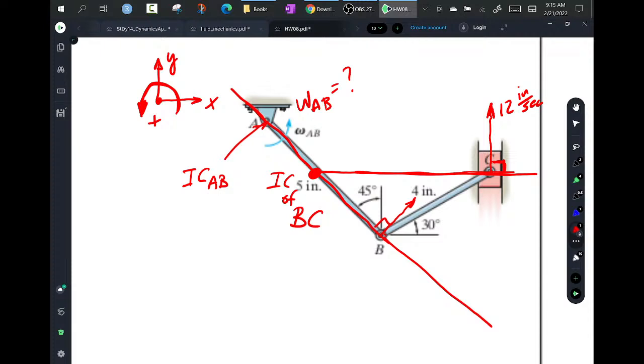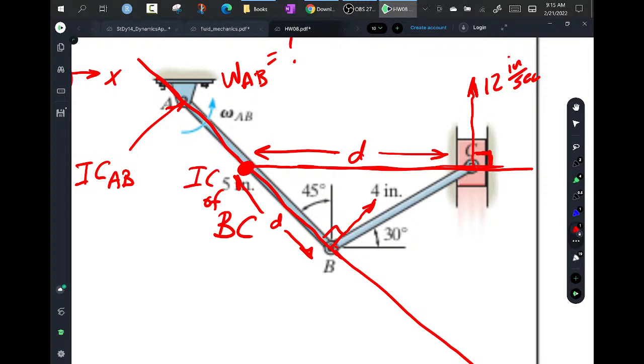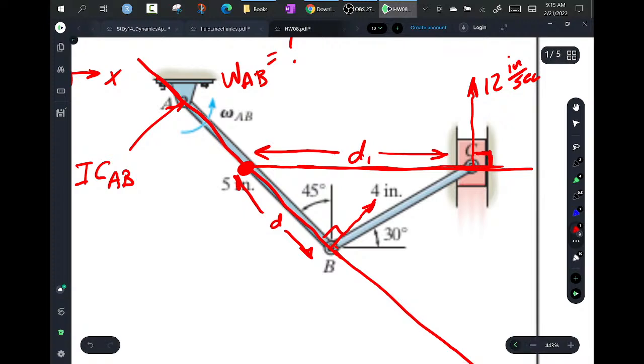So now we just got to find this distance and this distance. We can use our instant centers to figure things out. So what we'll do is I'll zoom in close enough so I can start using some of the information here to find these two distances. I guess I'll label this one D1 and D2.